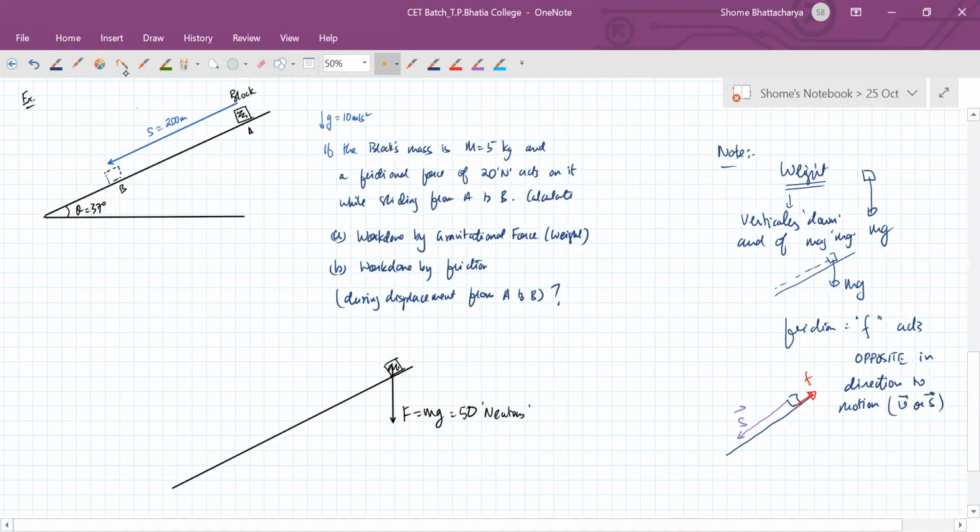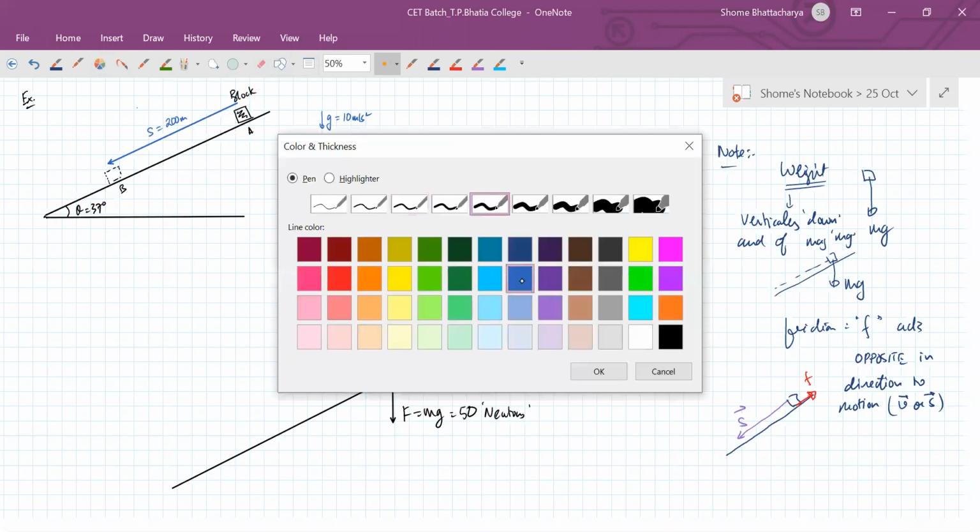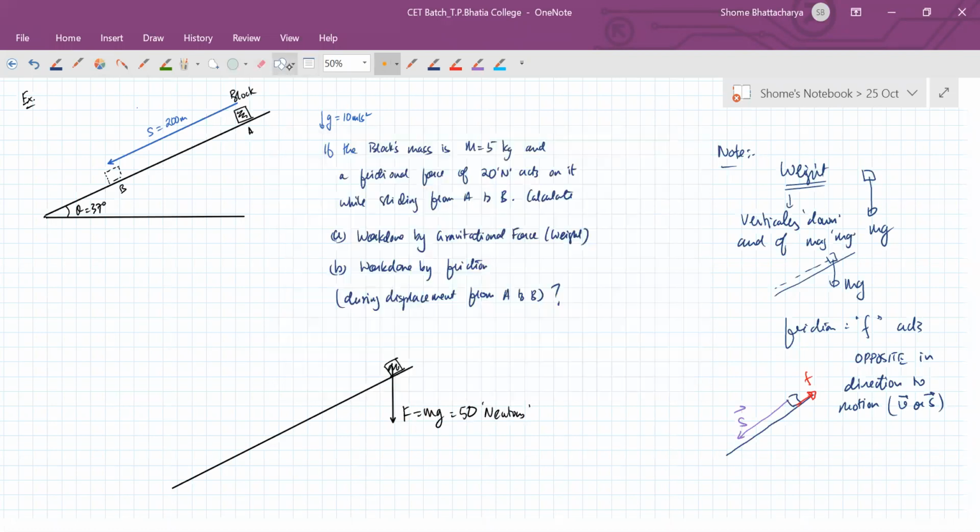The displacement is acting in the direction along the inclined plane. The displacement is in this sort of direction, so we have to find this angle. Let's say this is theta prime.